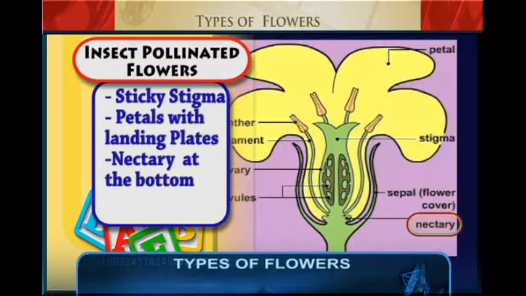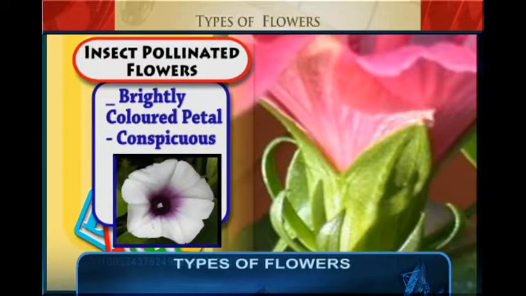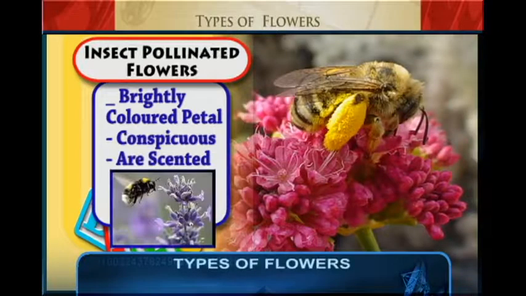So those are the characteristics of insect pollinated flowers. They produce brightly colored corollas. They are conspicuous with colored bracts. They have a scent, which is a good scent, which attracts the pollinating agents.